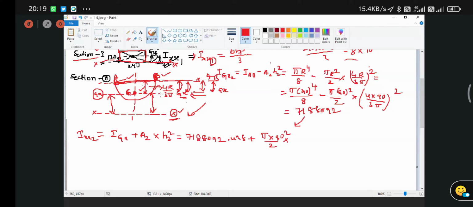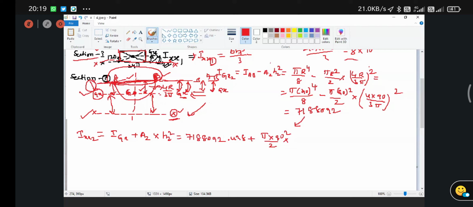Now what are my parallel axes? GX is my parallel axis and XX is my parallel axis. Previously, AB and GX were the parallel axes, because in order to find the moment of inertia about the GX axis, I only have the formulas from the base axis, AB.